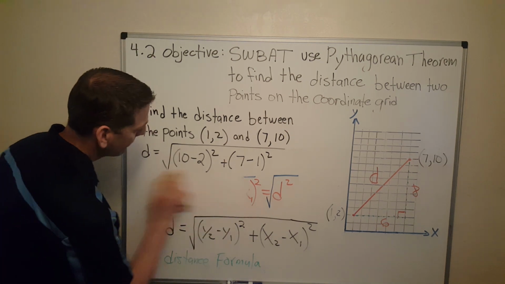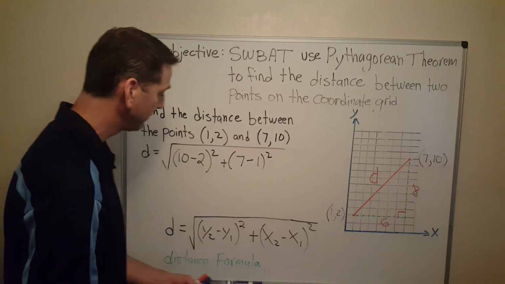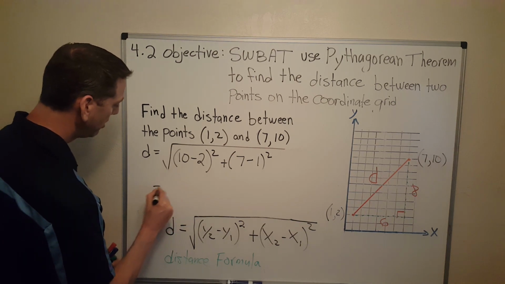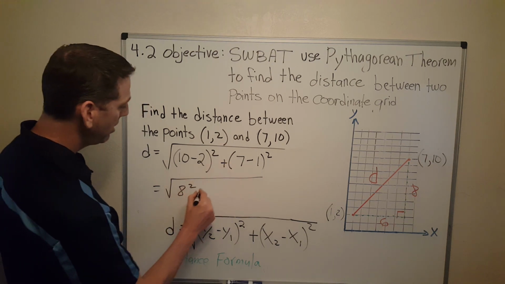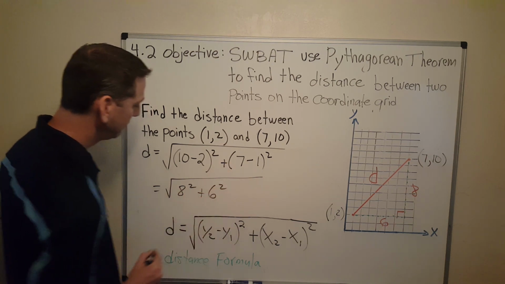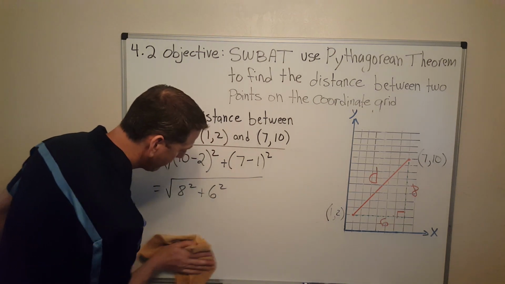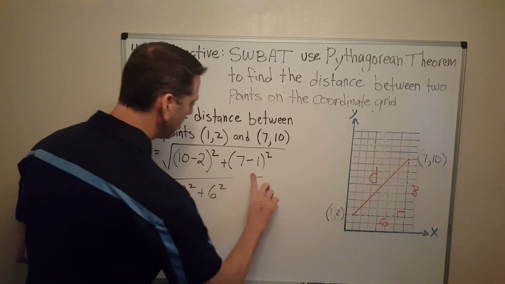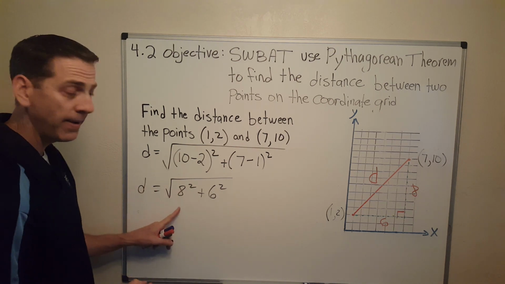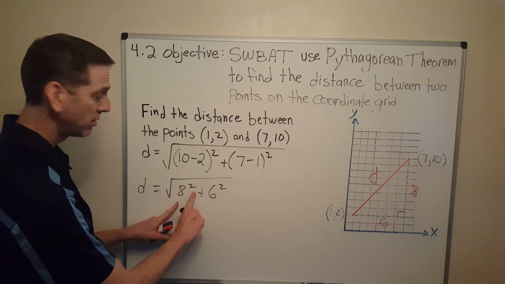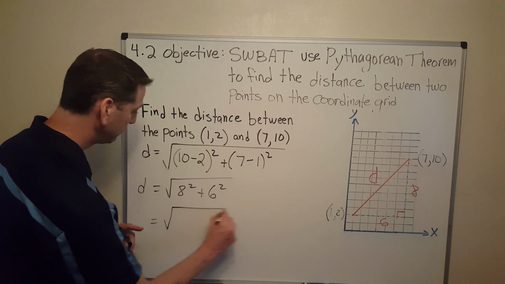Now it's just a matter of doing some arithmetic. So 10 minus 2, we know, is 8. And 7 minus 1 is 6. Sorry, I don't have a very big whiteboard. And that's D. Now 8 squared is, what's 8 times 8? 64.